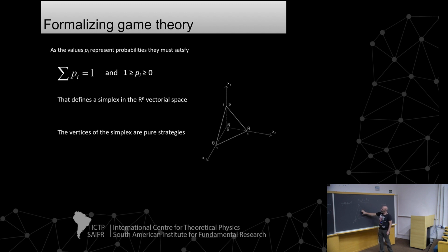This face is the situation when P1, P2, and P3 are greater or equal than 0, and the sum of Pi is equal to 1. These 2 conditions give me a set that, in this 3-dimensional space, has dimension 2. It's only this face, not the volume. This is called a simplex.